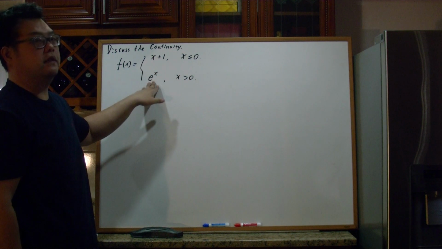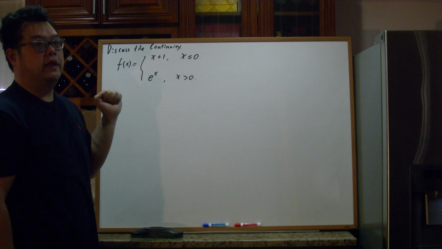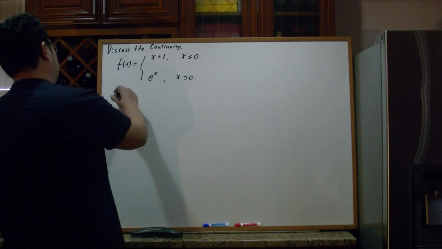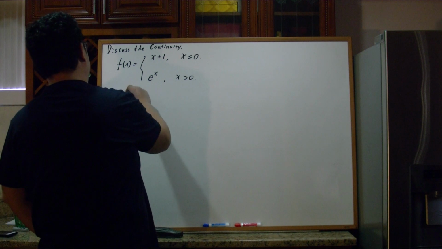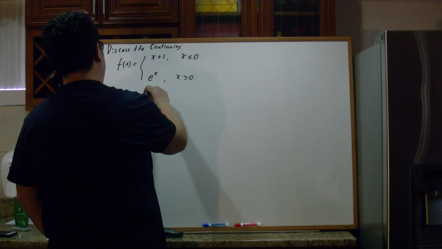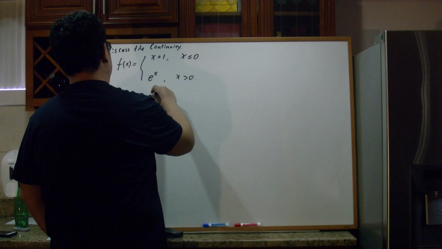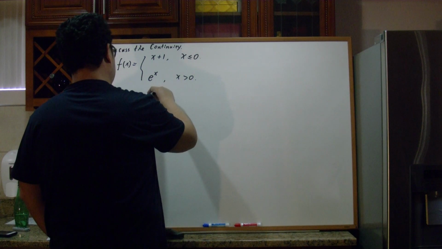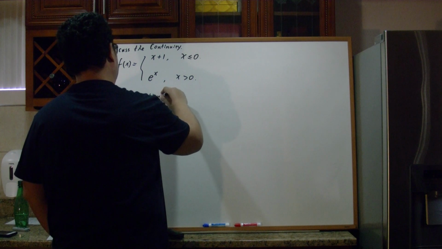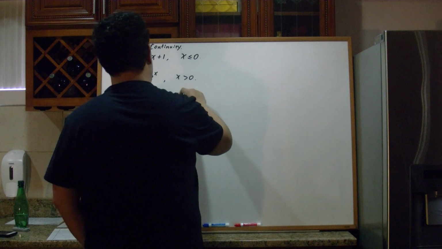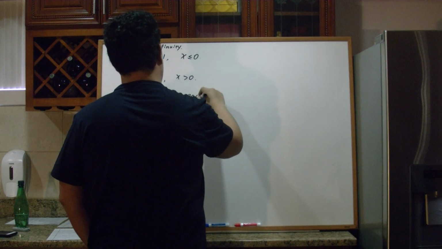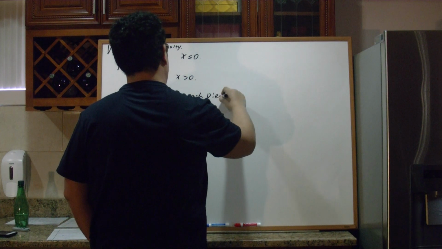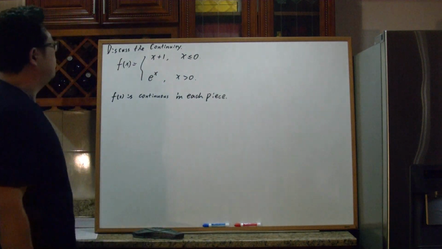Both of the pieces under each of their domains are continuous. So f of x is continuous in each piece.